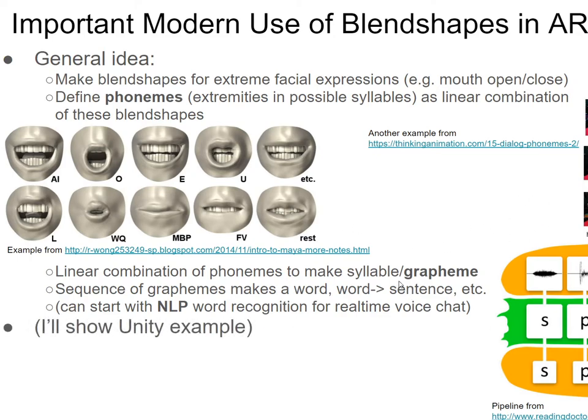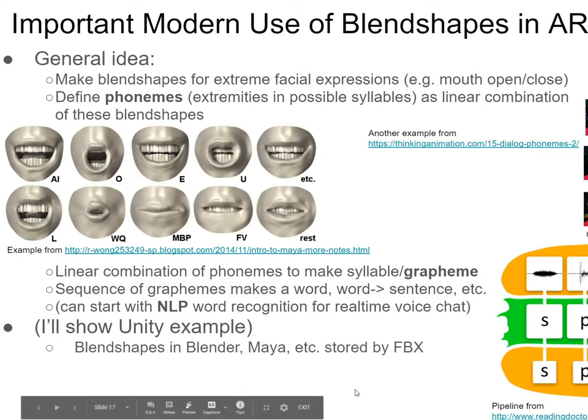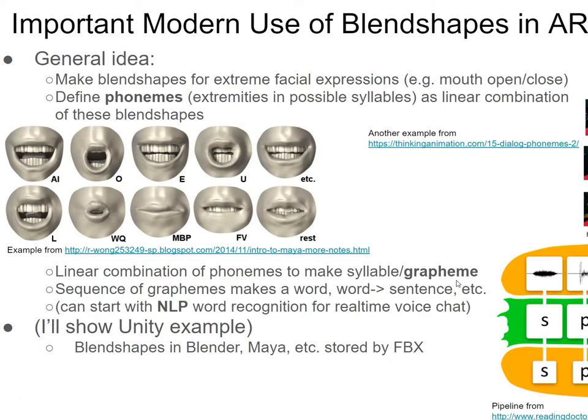I'll show you a Unity example in a second, but to describe some of the method, blend shapes can be stored in FBXs. I know that previously we haven't really defined the difference between an FBX and OBJ. I just mentioned that they're 3D modeling formats, but I think I did briefly mention a few times throughout the class that FBXs store animation.